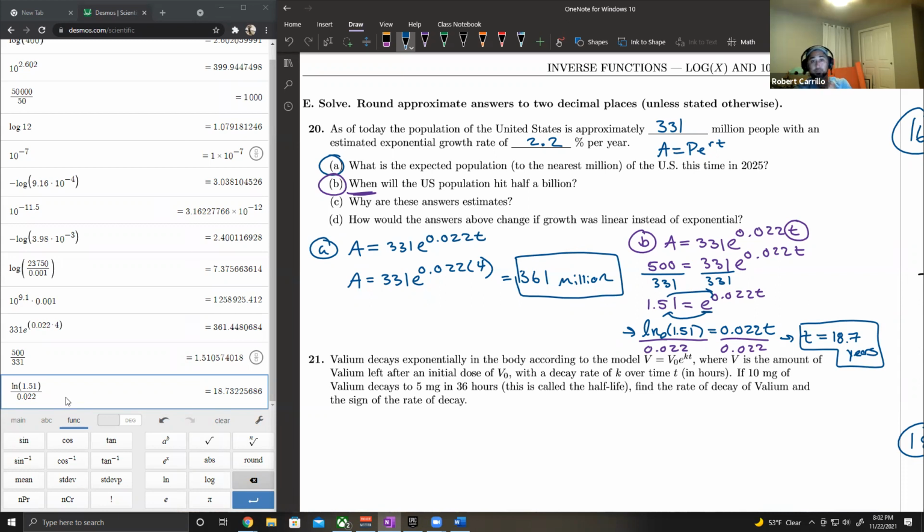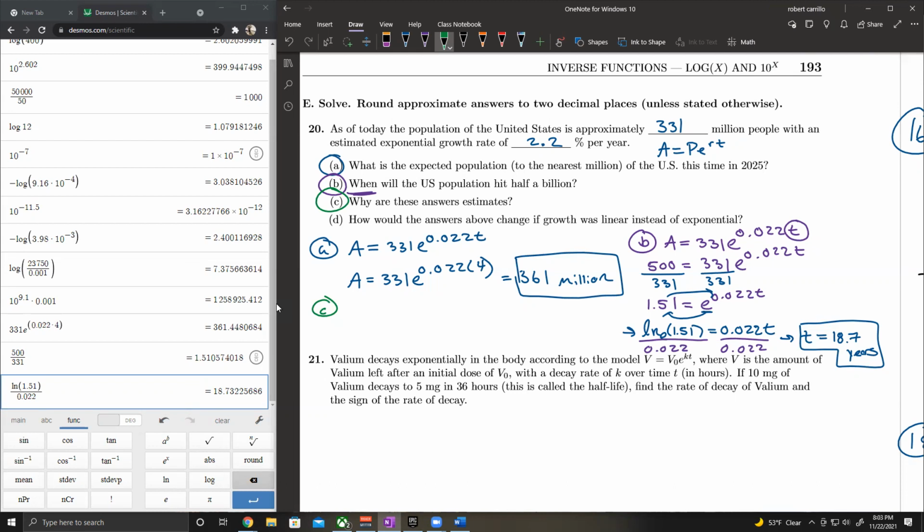Okay. So C says, why are these answers just estimates? Why are these just predicted answers? What could we possibly be missing out on? Well, they've used the term expected and estimated, so we don't really know exactly.